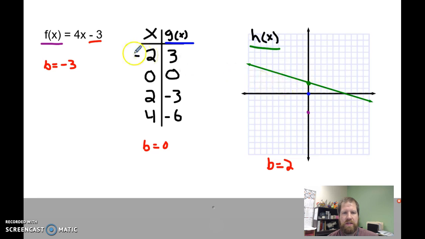If these were all payments that you had to make, where the payment is your y value, and x is how many things you bought, then I would have to pay $2 even if I don't buy any on the h of x plan.